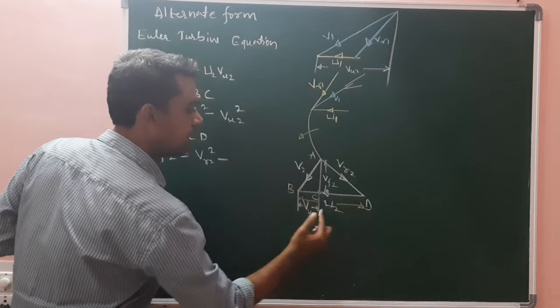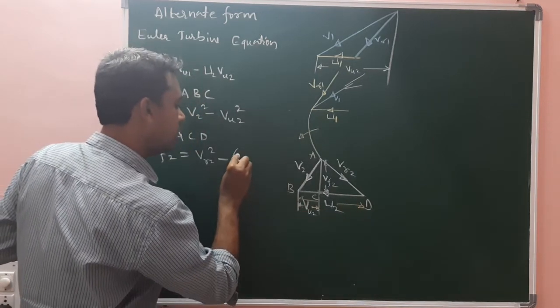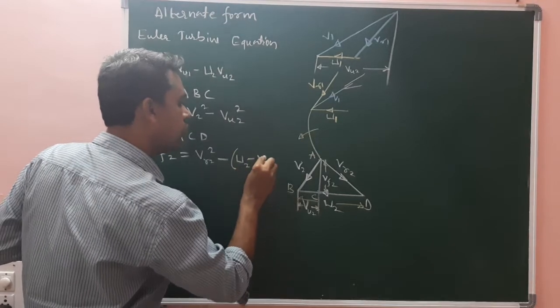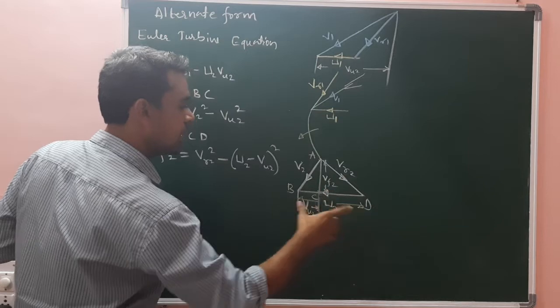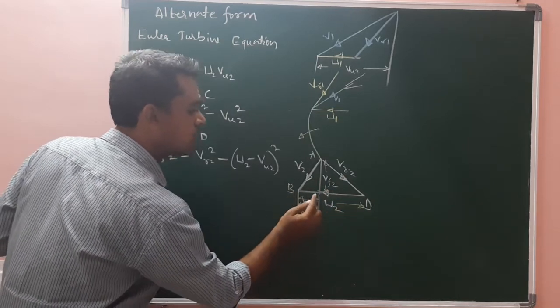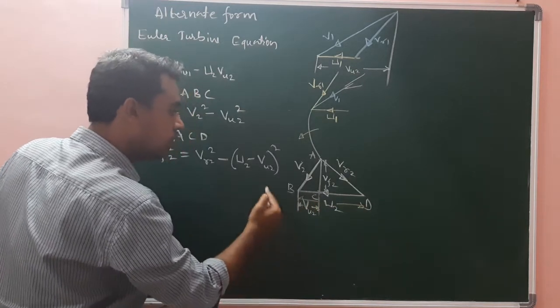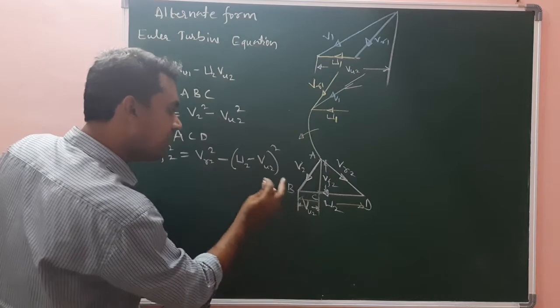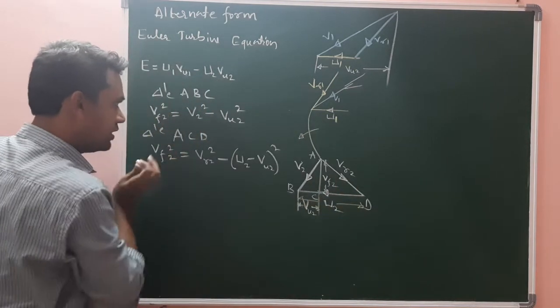CD is nothing but U2 minus Vu2. Therefore, I will write Vr2 square minus (U2 minus Vu2) square. Okay. These two equations are the same.